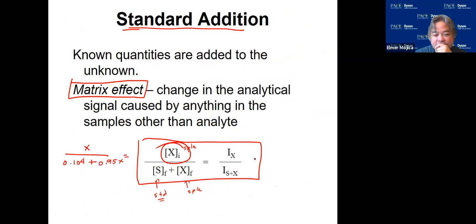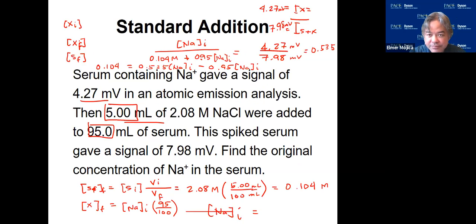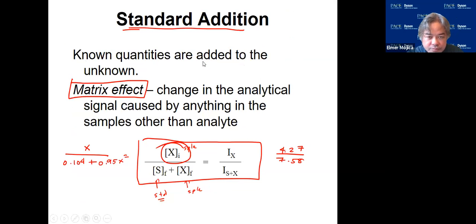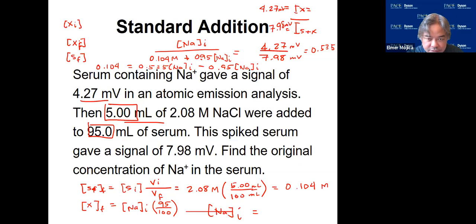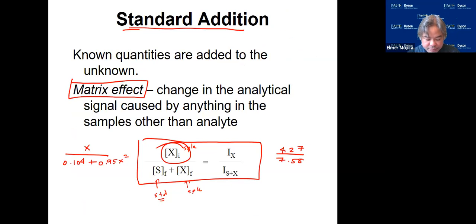So what do we do with the other one? That's 4.27 over 7.98, so that is equal to 4.27 divided by 7.98.